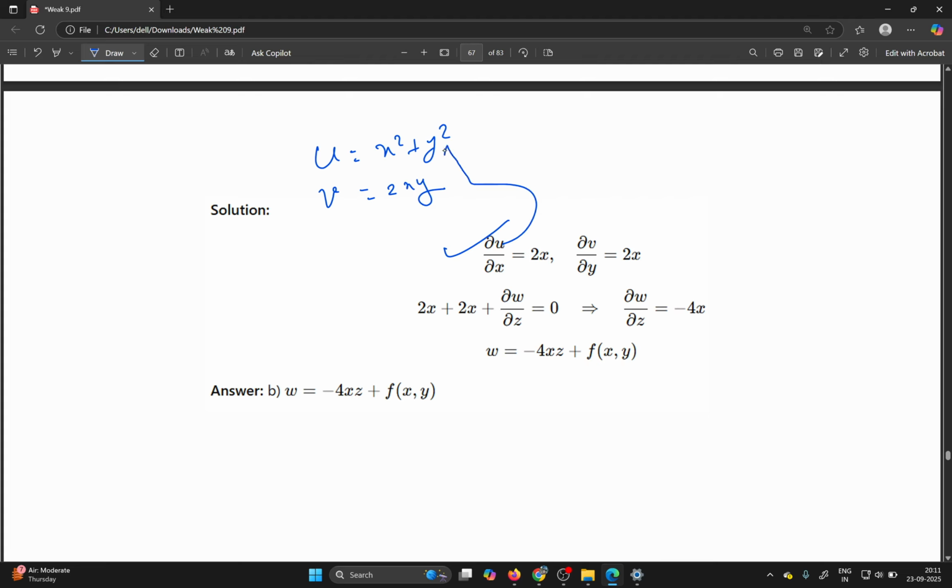Once you differentiate this, you will get 2x, and once you differentiate this, you will get 2x here also. And to calculate the w component, you need to apply the three-dimensional continuity equation, because the question is asking about the 3D values, that is the w component.